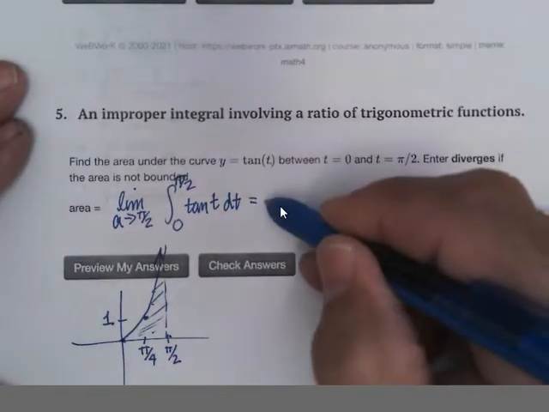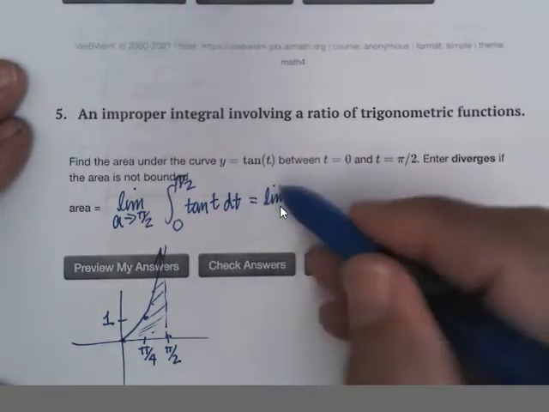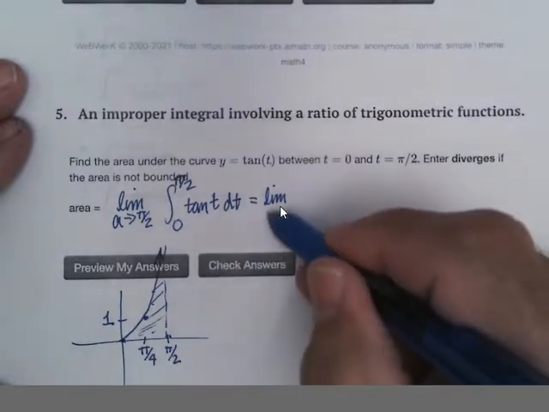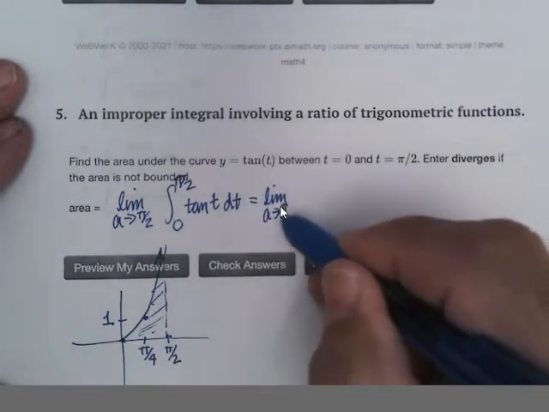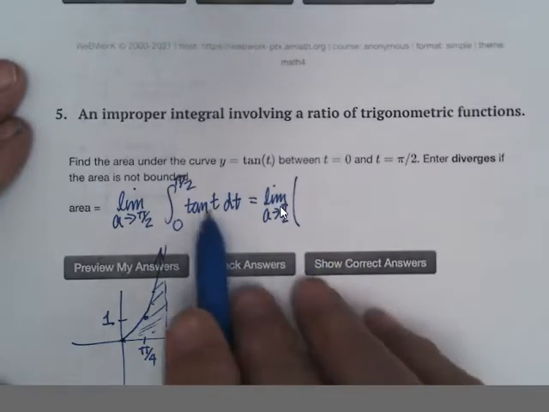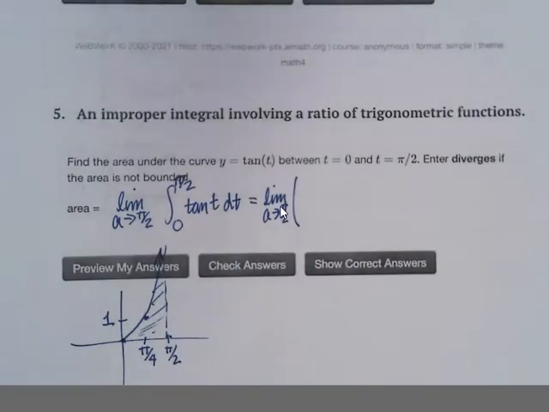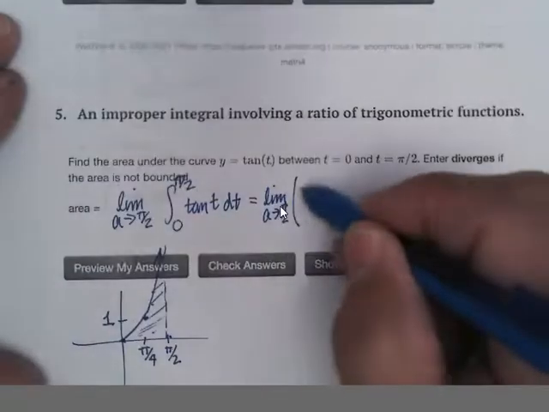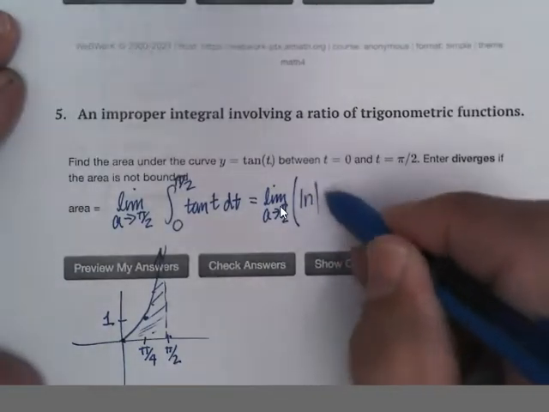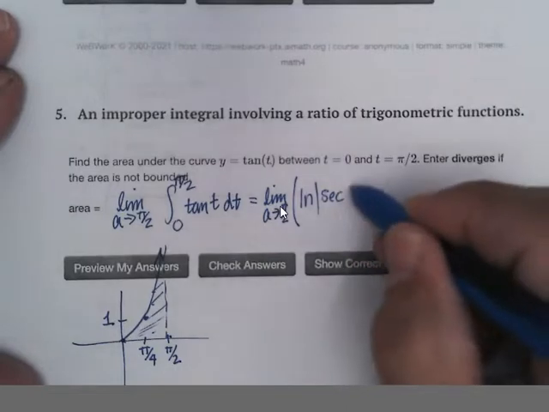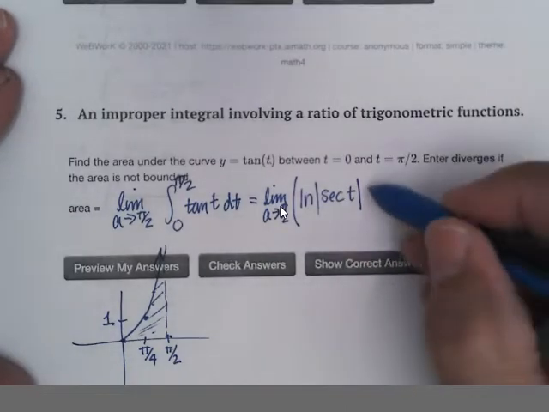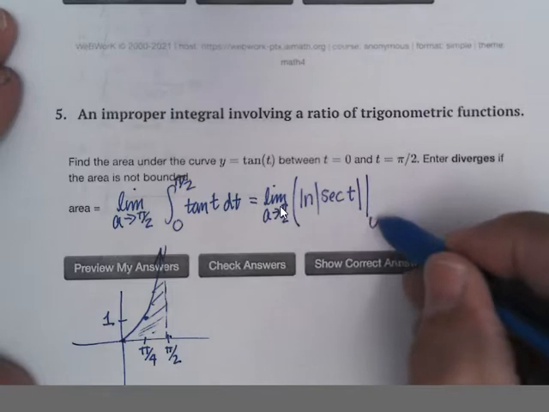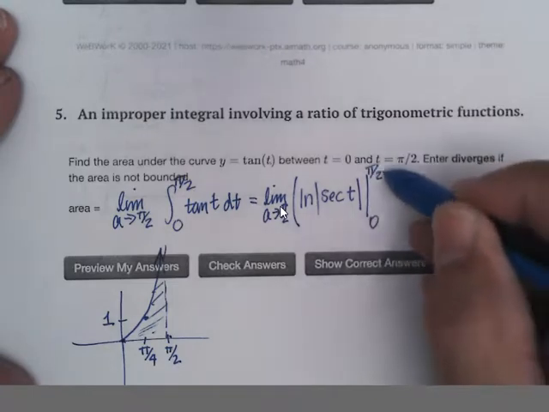And so we get the limit, I'm not taking the limit yet, I've got to do this integral, as a approaches pi over 2, and the antiderivative of tangent, let's see what that happens to be. Antiderivative of tangent is ln secant of x, so ln secant of t evaluated from 0 to pi over 2.